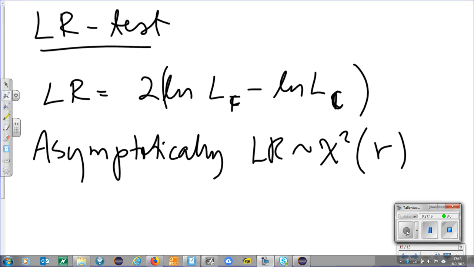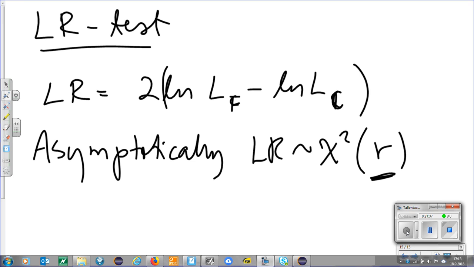But this is only an asymptotic result, so it's not as nice a result as the F-test. But the good thing is, as I said, the number of restrictions is r, but we can also make restrictions to the variance covariance structure of the V matrix of the model.